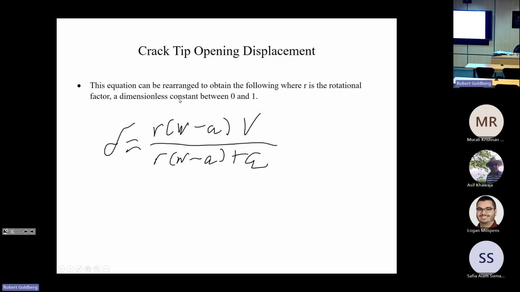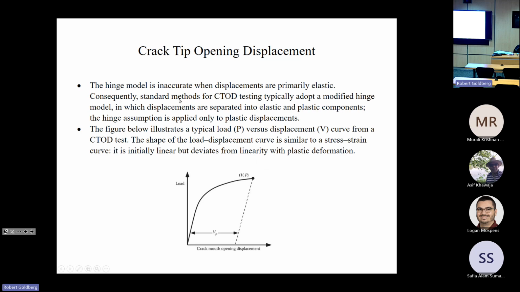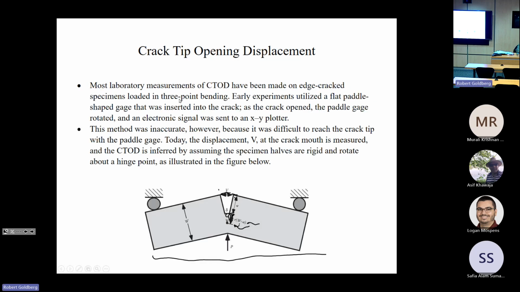Now, this hinge model is inaccurate when the displacements are primarily elastic, because it's based on the idea that you have a blunted crack tip. If your displacements are primarily elastic, then you just have the blunt crack tip, and this area here would be very small.